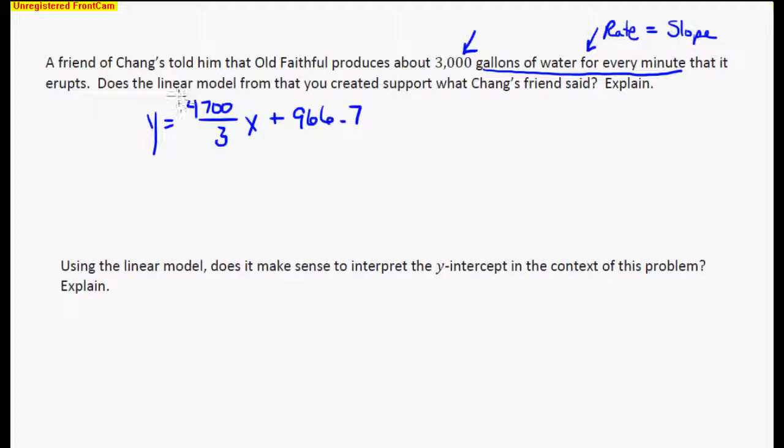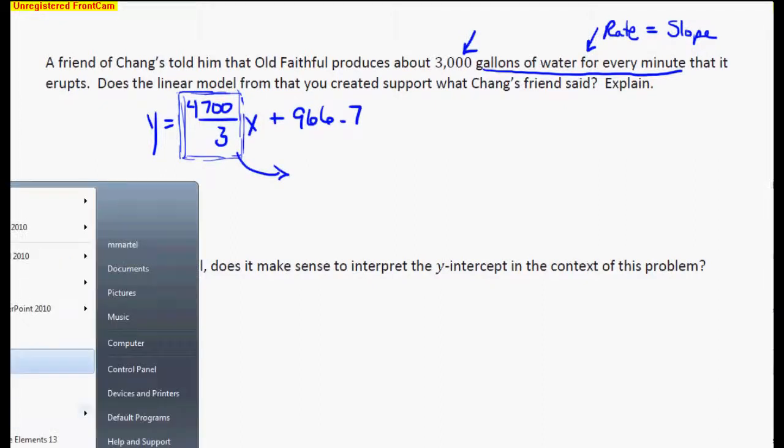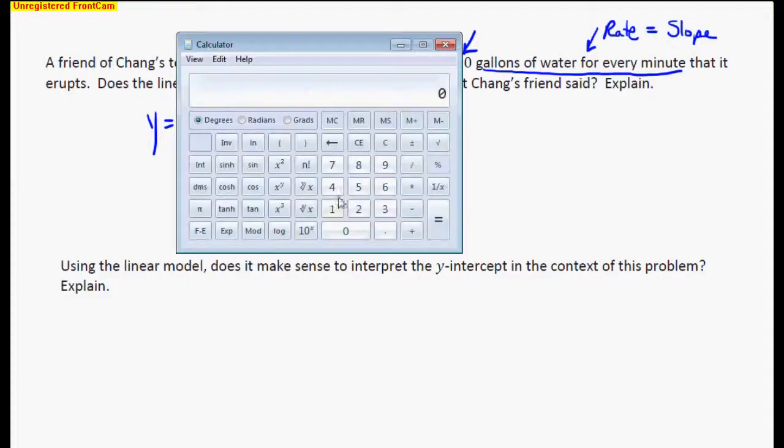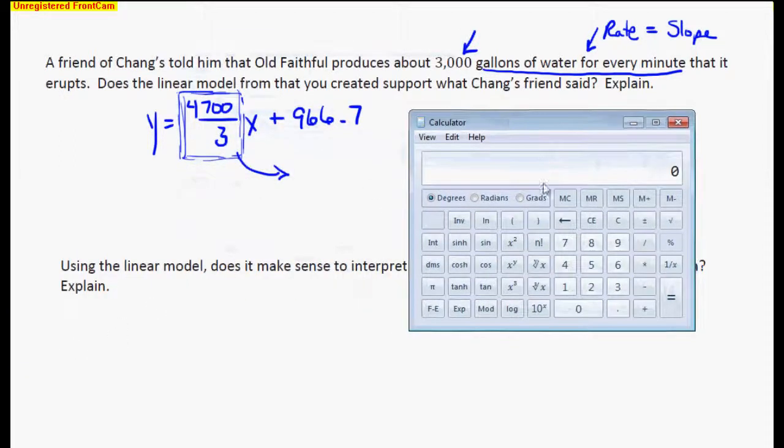So I could just look at this part right here, and I could say, does my slope really equate to 3,000 gallons per minute? Okay, and I could do it with a proportion, or I can just divide these two and see what that comes out to be per minute.